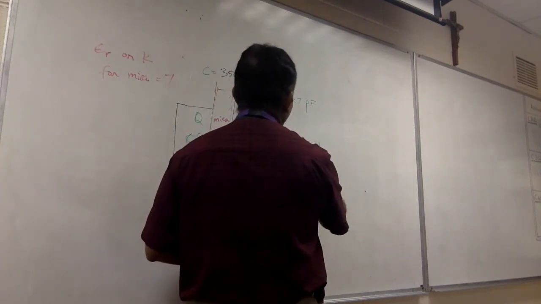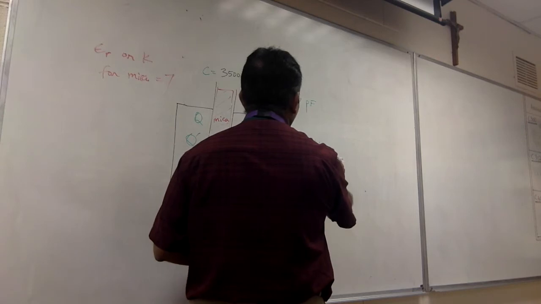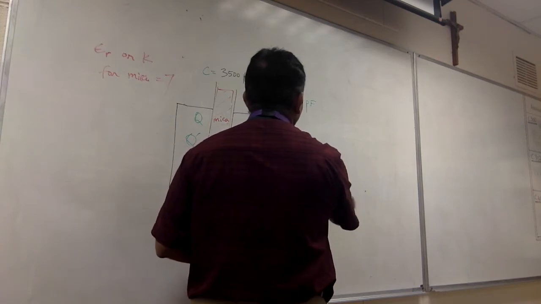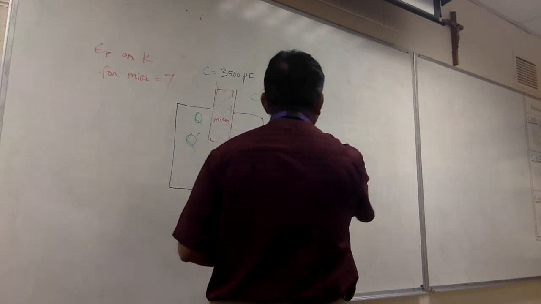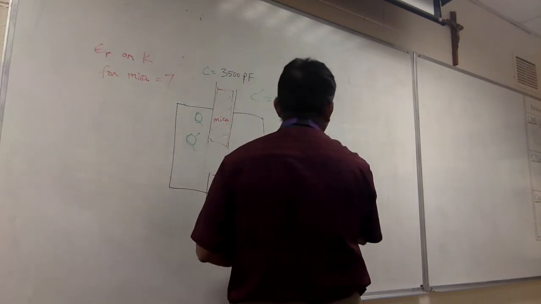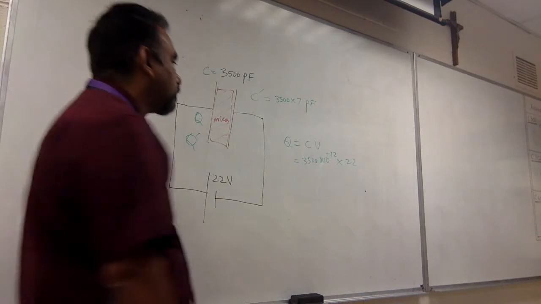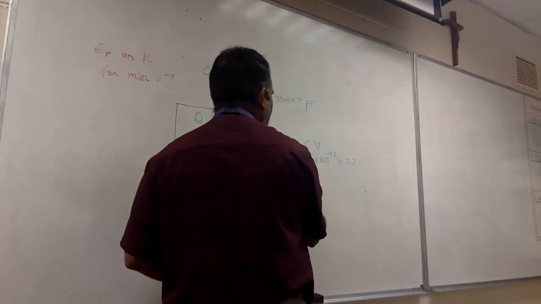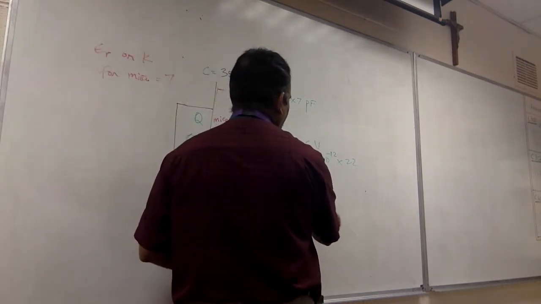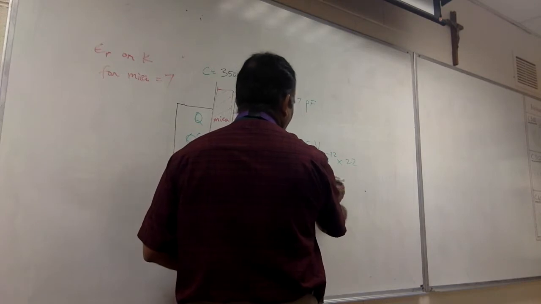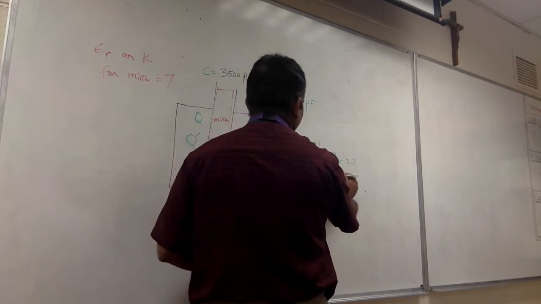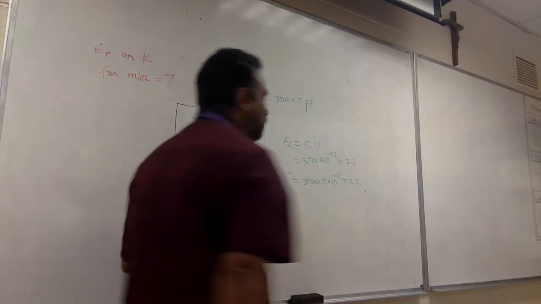The previous charge is 3,500 picofarads times the potential difference of 22. That's the previous charge. What is the new charge? The new charge is 3,500 times 7 times 10 to the power negative 12 times 22.